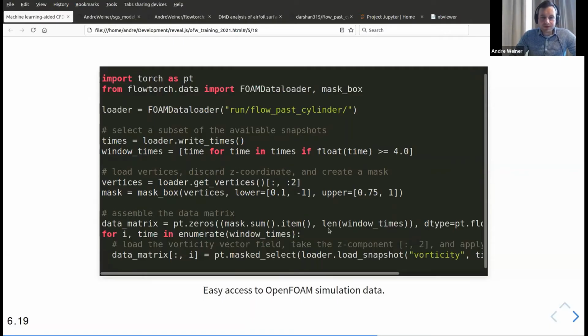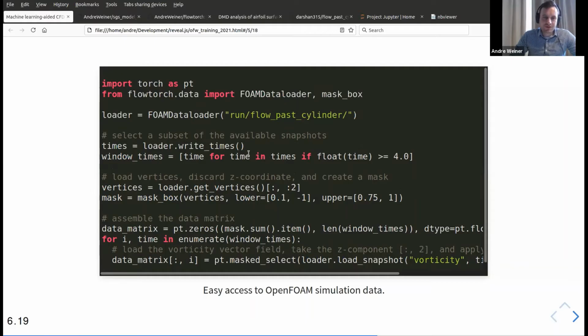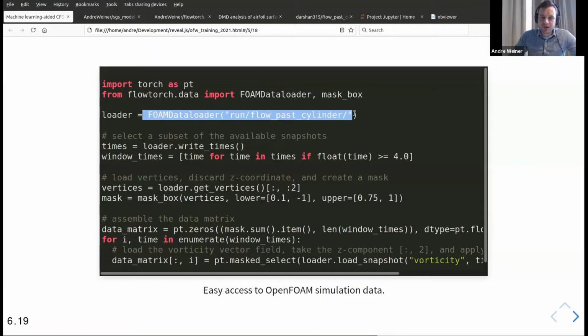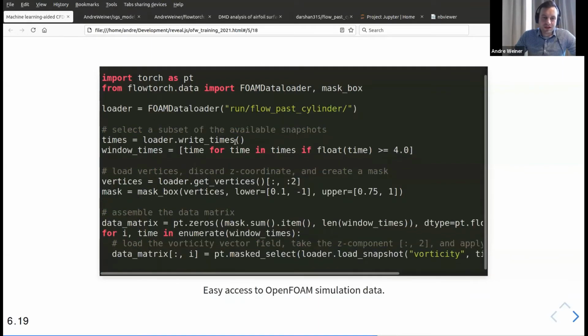And okay, what I wanted to mention is that in the example here, I loaded the data using pandas, but FlowTorch also provides very easy access to field data of OpenFOAM. There's a class called FOAM data loader, which just takes a path to an OpenFOAM simulation, and then it gives you access to the available write times, and you can also load mesh components.